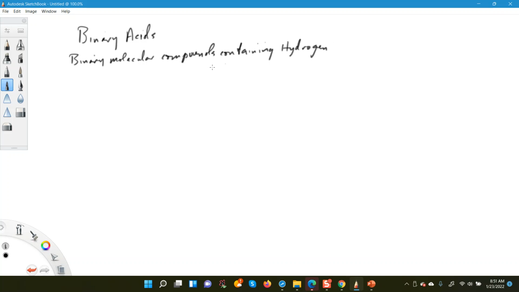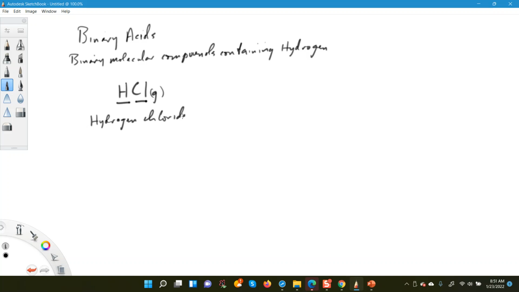So, for example, hydrogen chloride, HCl, exists as a gas, right? Now, when it comes to naming these compounds, we do not use any prefixes whatsoever. We just simply name it hydrogen, then the stem of the name of the other element, and then ide. So the name of this compound is hydrogen chloride.